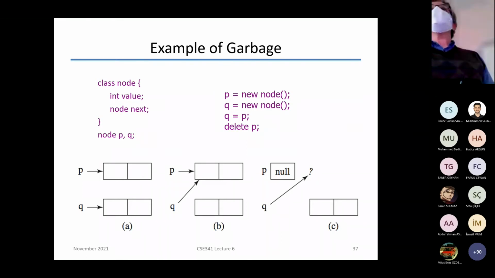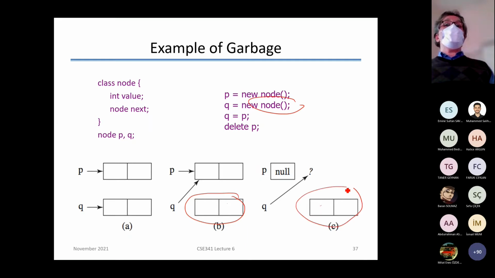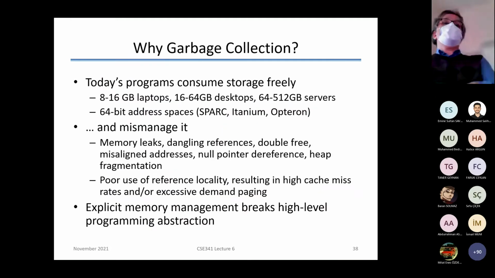And then I assign Q to P, meaning now P and Q refer to the same node, and I delete P. In this case, when I delete P, the original node that P referred to, the first node that I allocated, remains in the memory. It is not live, because there is nothing that can access that particular cell. There is no reference to it. The reference is lost. So the garbage collection should handle those things.